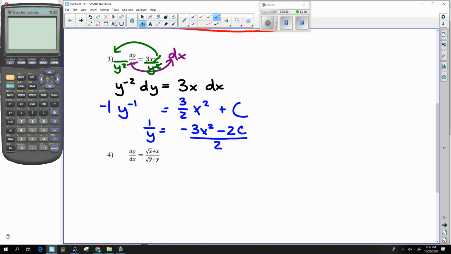So now the ultimate step is what is y equal to. So I flip both sides. And so this would be negative 3x squared minus 2c on the bottom of 2. How I would probably write that is y equals negative 2 over 3x squared plus 2c.